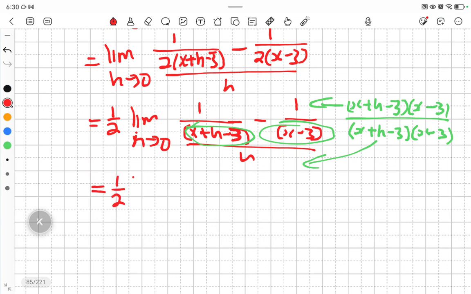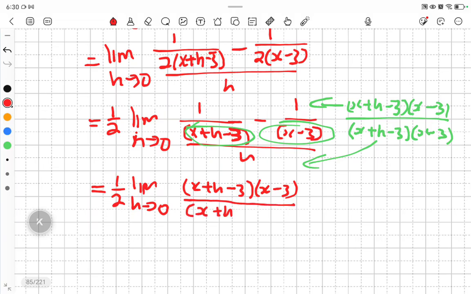Then this will be 1 over 2, the limit as h approaches 0 of, if this one comes here, it's going to be like this. Let me show you. x plus h minus 3 times x minus 3, all over x plus h minus 3, minus x plus h minus 3 times x minus 3, all over x minus 3.